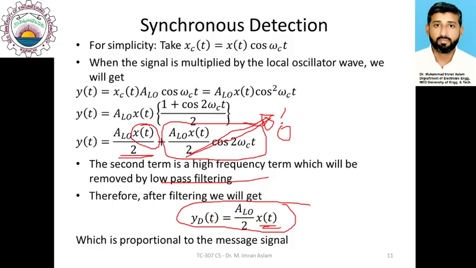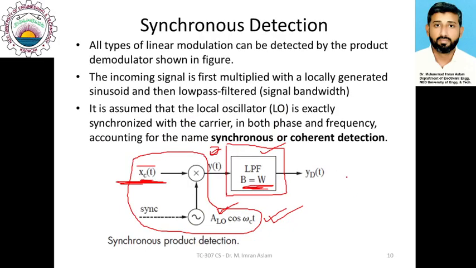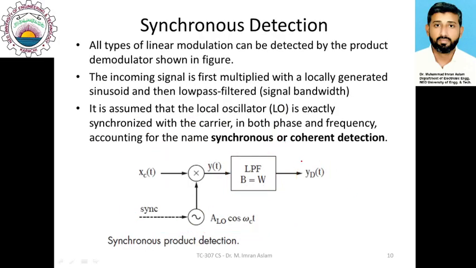You can see that y_d, which I have mentioned as the detected output, is directly proportional to the message signal x(t). So you get the message signal at the output side. This is how local oscillator based synchronous detection performs demodulation of an AM signal.